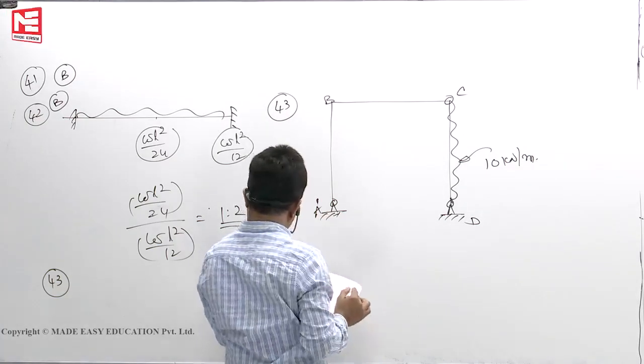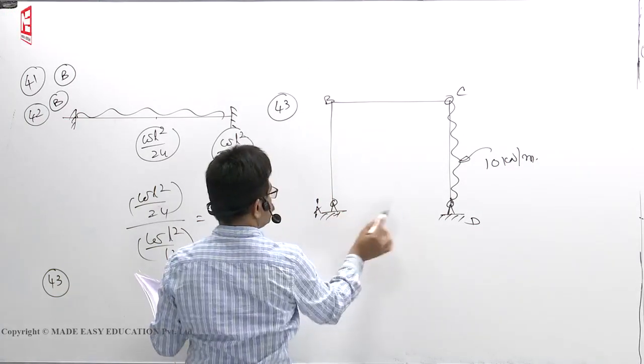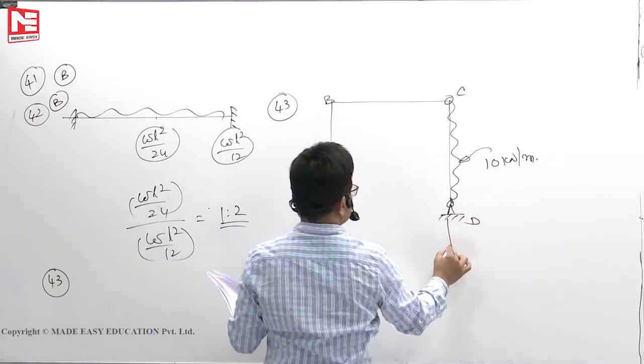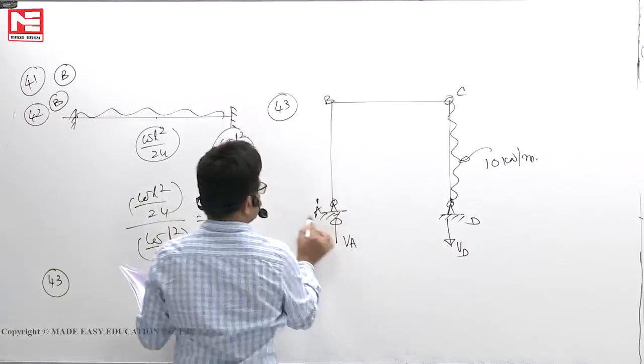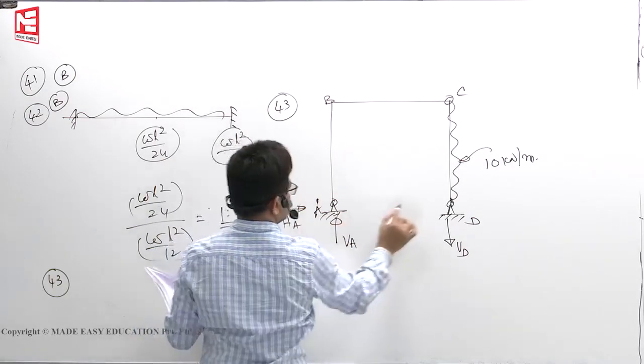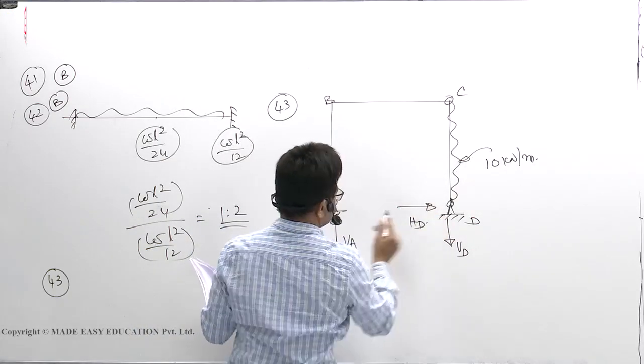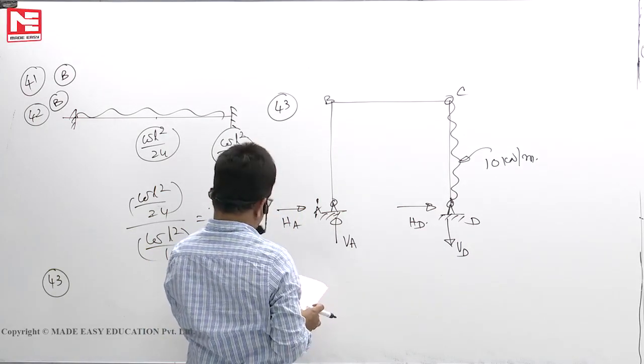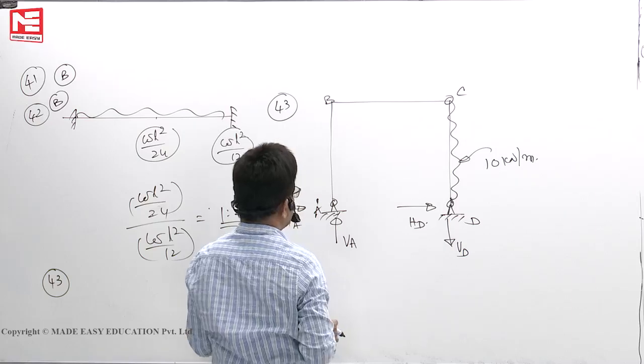He is asking what is the vertical reaction at A. So VA, this may be VD, HA, HD. Okay. What is the vertical reaction at A?